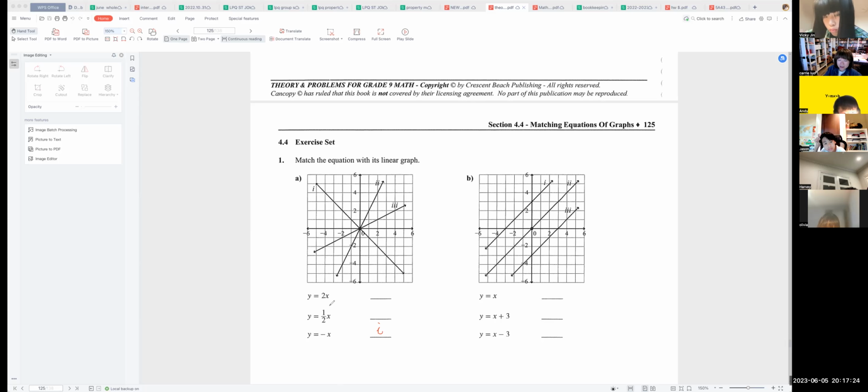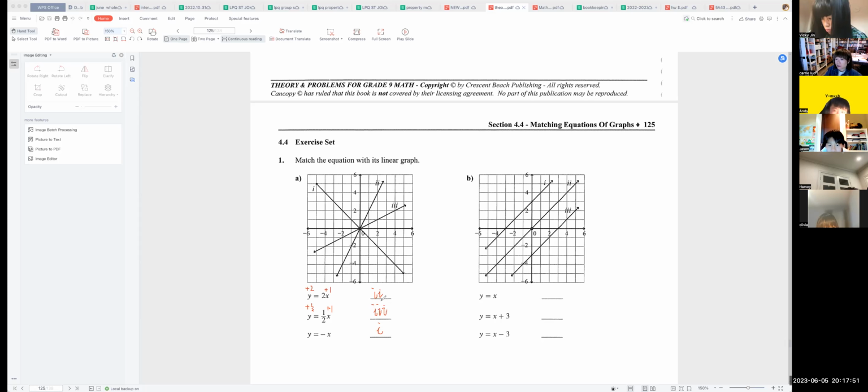So 2x and half x. For this one, when x increases by 1, y increases by 2. And for this one, when x increases by 1, y increases by half. The steeper the line, the closer it is to the y-axis, and the more it increases. So this one is 3.